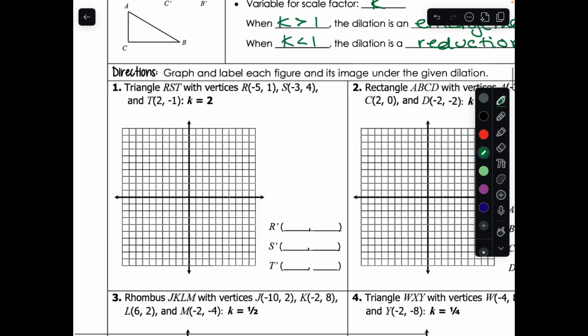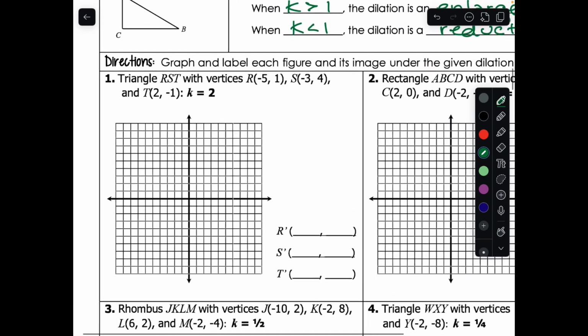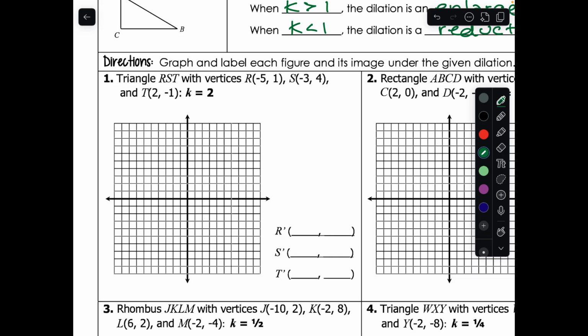So number 1, we have triangle RST with vertices R, S, and T here. And our scale factor of k equals 2. So when we have our scale factor, we're looking at each coordinate of the point and multiplying it by that scale factor. So for R here, our x coordinate is -5.